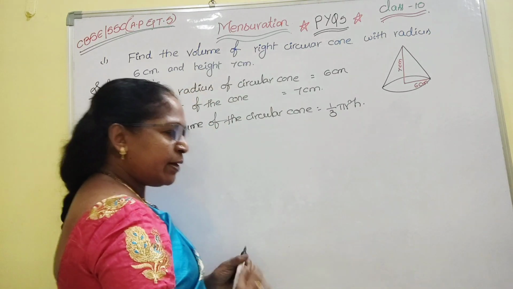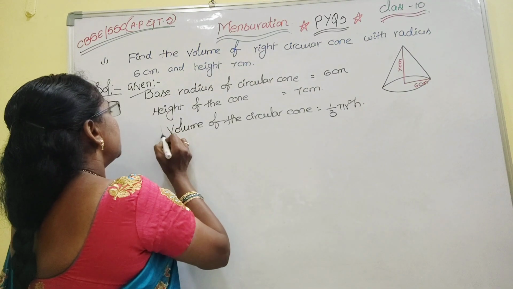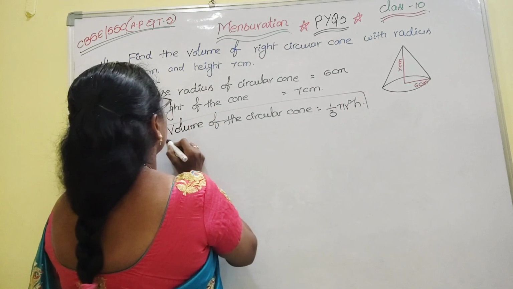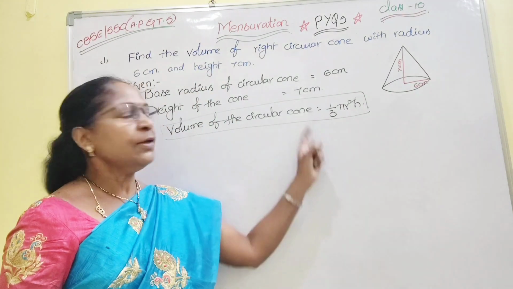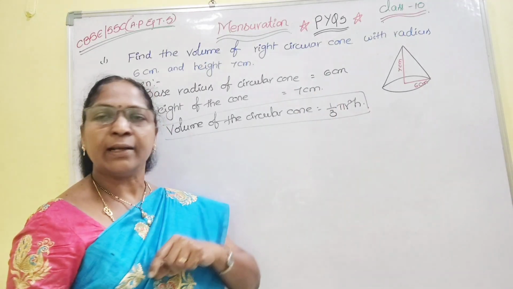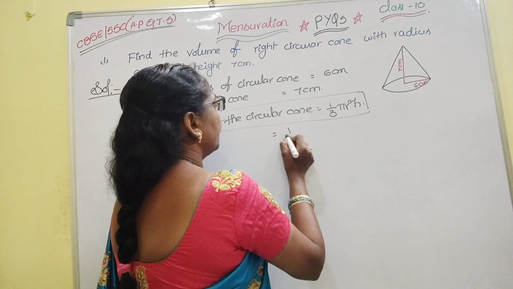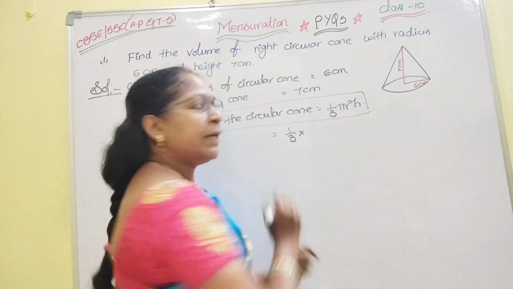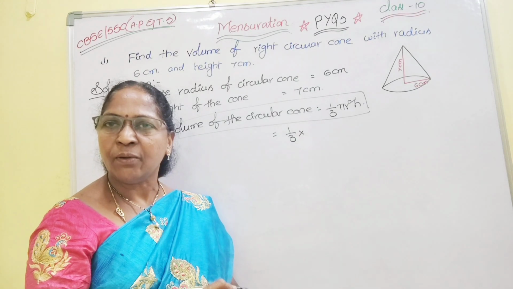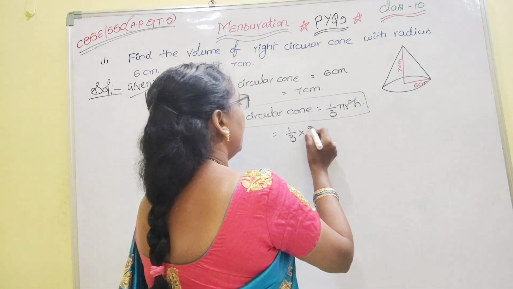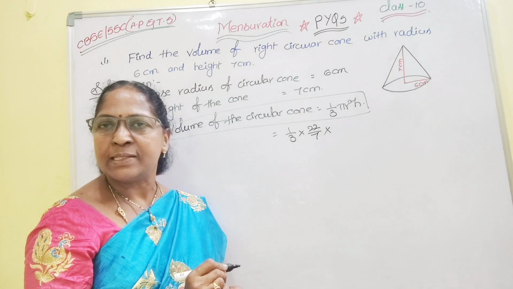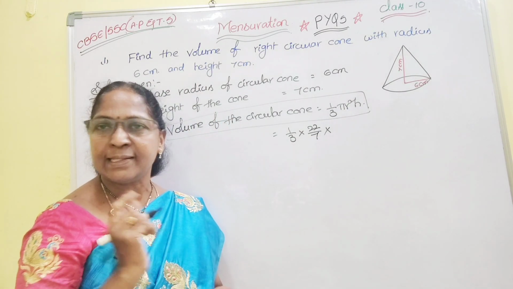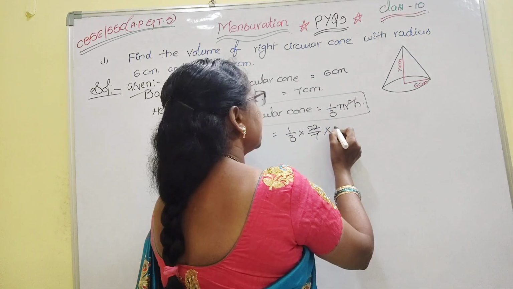This is very, very important, and don't use a red pen. This is the formula. In this formula, you have to substitute the given values. So it equals 1/3, where pi equals 22 by 7, into r square, where r is nothing but the radius, which equals 6 centimeters.